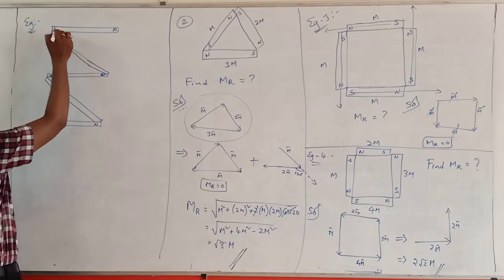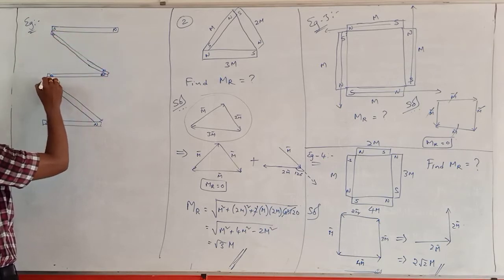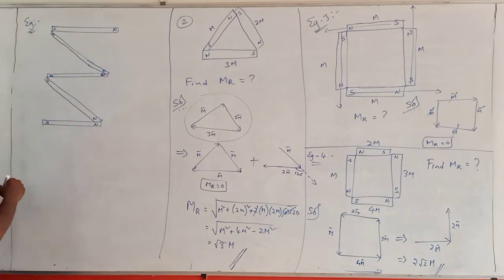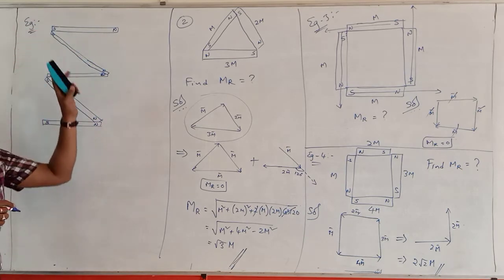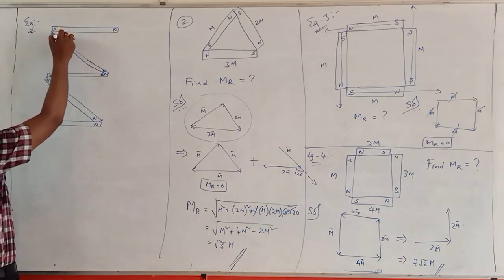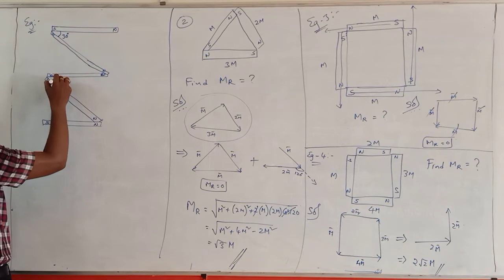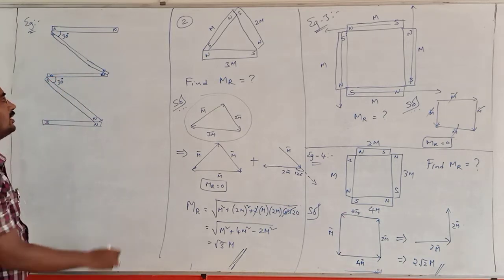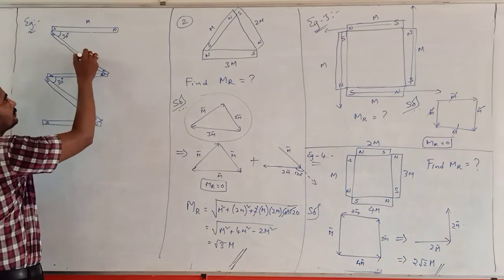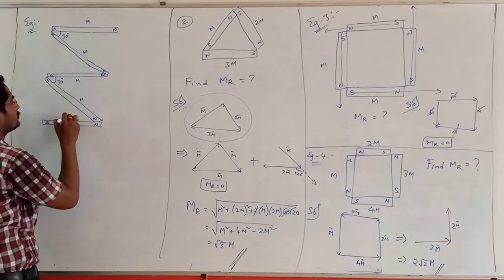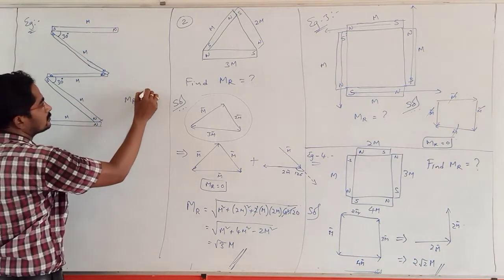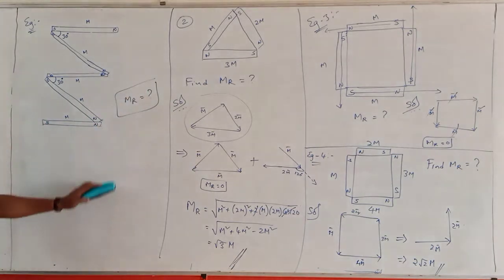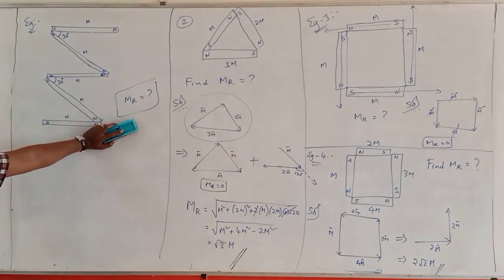Totally five magnets are arranged at an angle of 30 degrees. What is the resultant magnetic moment? All are of the same moment m.